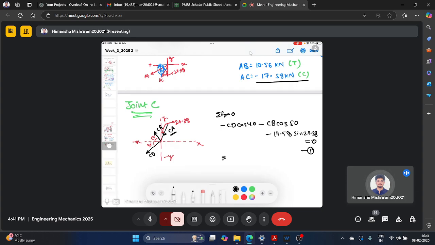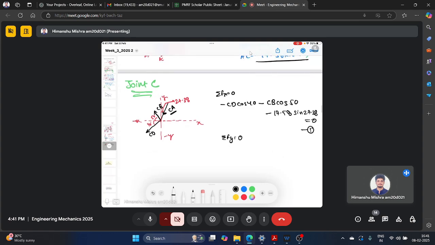Then if I use the summation of force along y, I will have CB, which is in positive y direction, so it is CB sine 50, minus CD. You can see the direction of CD is along minus y, so CD sine 40, minus CA cos, so CA is 17.58 cos 27.38 equals 0.